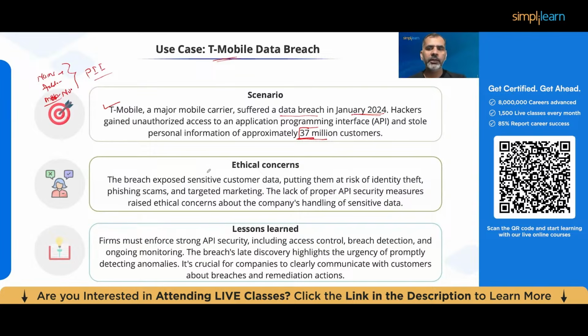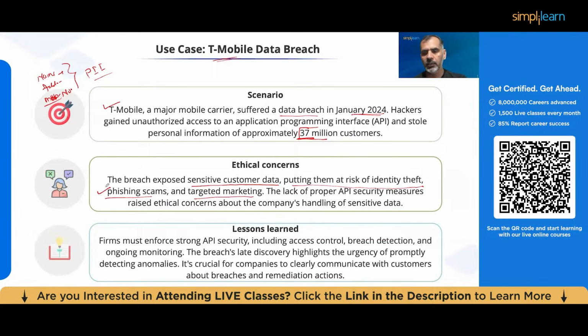So what did they learn from this particular incident that happened in 2024? This breach exposed sensitive customer data, putting customers at risk of identity theft, phishing scams, and targeted marketing. The hacker can use this data for many other purposes, like a phishing scam.